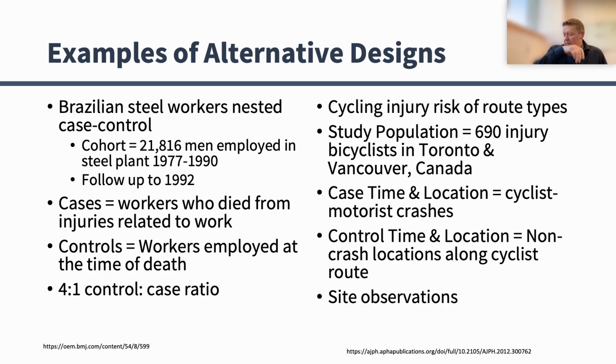And then through interviews with the subjects and audits of the locations, they were able to look at non-crash locations along that cyclist route to compare them to their event when the crash happened. So those are just two examples.